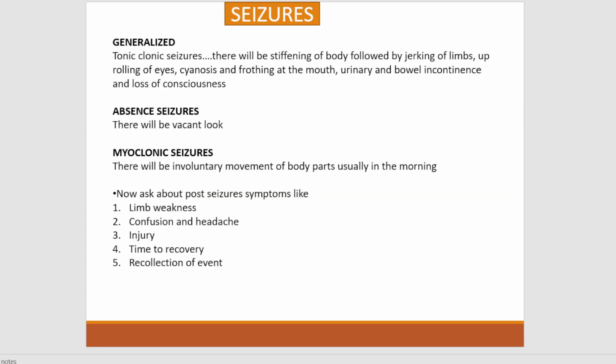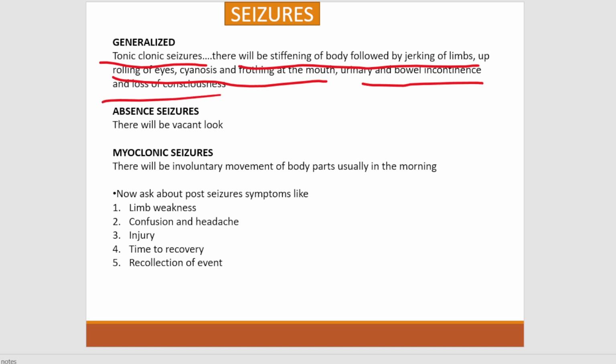In generalized tonic-clonic seizure, there will be stiffness of the body followed by jerking of the limbs, uprolling of the eyes, cyanosis and frothing in the mouth, urinary and fecal incontinence, and loss of consciousness. So these will be the features present during a generalized tonic-clonic seizure.